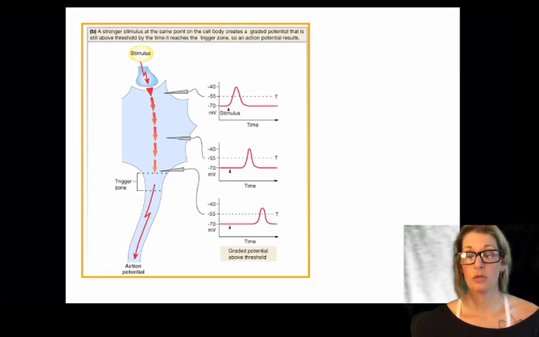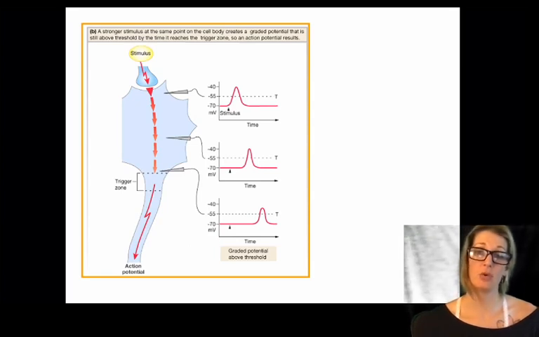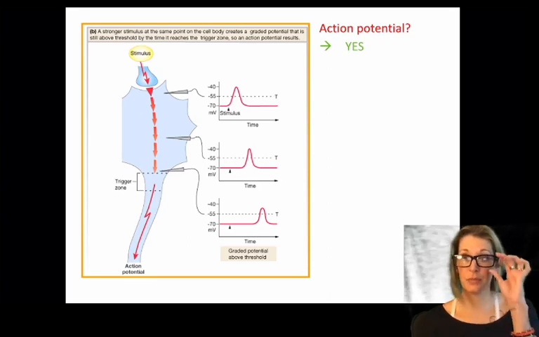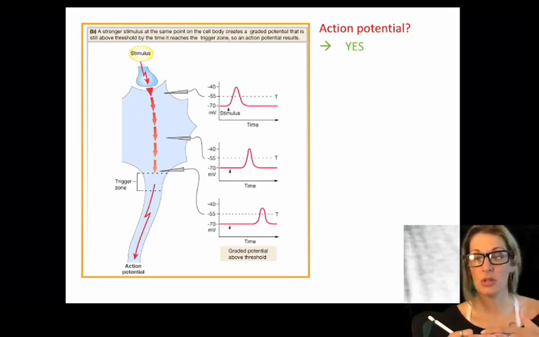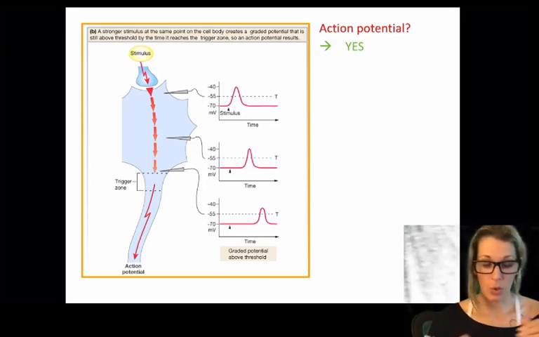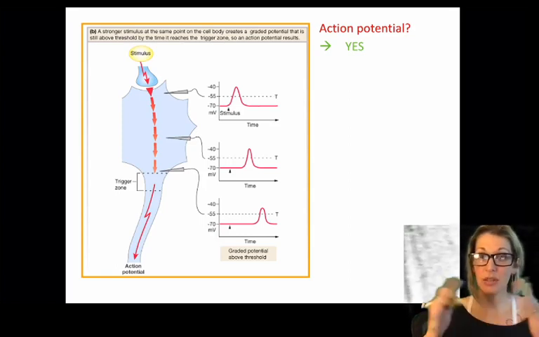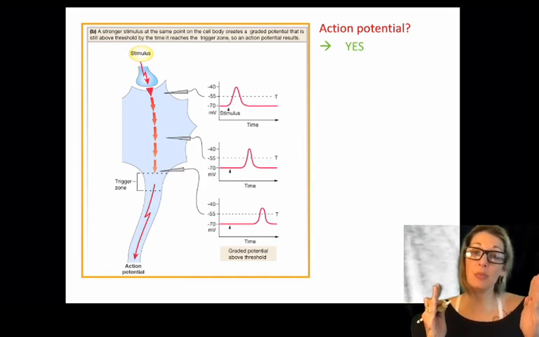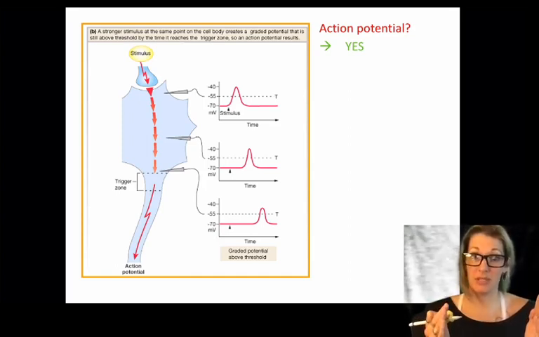So if the membrane potential is above the negative 55 threshold, do we trigger an action potential? Yes, we do. So this graded potential did trigger an action potential. And it's all about what is happening to the membrane potential. What is the membrane potential at the axon hillock specifically?